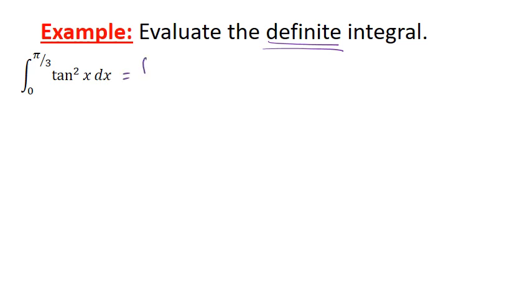So this becomes the following. I'm going to write tangent squared as secant squared of x minus 1 dx. Then integrating this, the antiderivative of secant squared is tangent of x minus x. We will evaluate this from 0 to pi over 3.